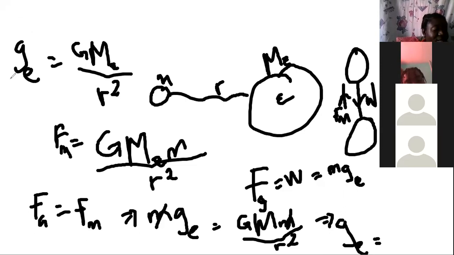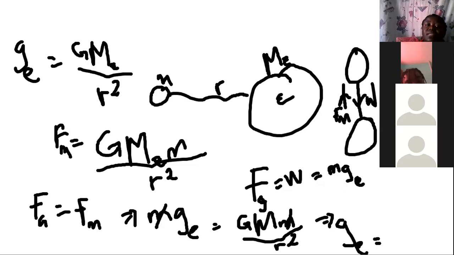Remember we are saying that the gravitational acceleration of the Earth is given by G, the gravitational constant, times the mass of the Earth, divided by the radius squared.